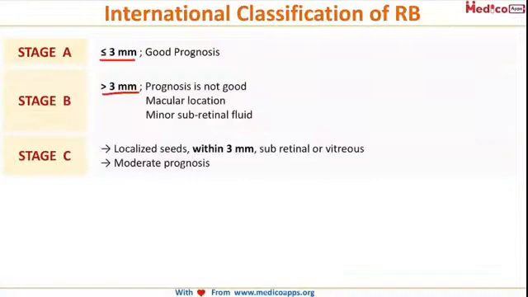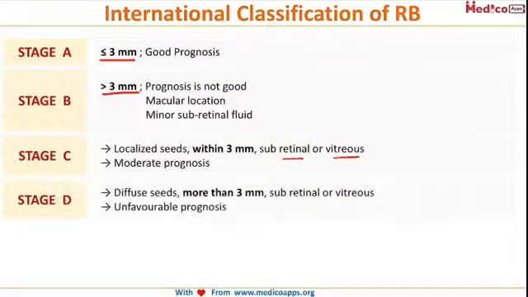The seeds can be located in the subretinal space or within the vitreous. The tumor is seeding into the eye, within the vitreous or in the subretinal space. Now stage D is when there is diffuse seeding of the tumor, more than 3 mm in size, anteriorly or posteriorly.